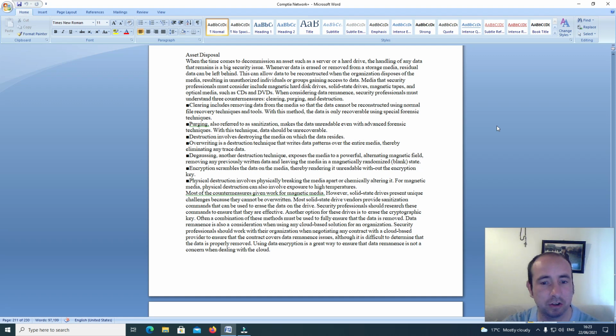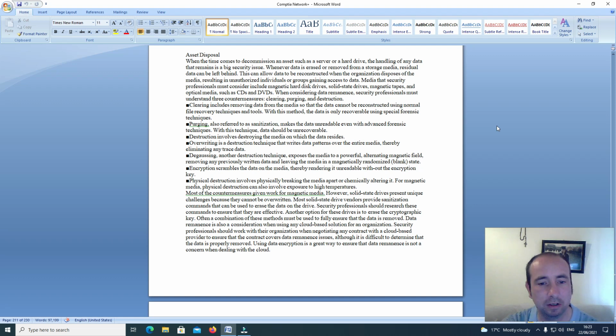Overwriting is the destruction of data that writes patterns over the entire media, thereby eliminating any data trace. Degaussing, another destruction technique, exposes the media to a powerful alternating magnetic field, removing any previously written data and leaving the media in a magnetically randomized blank state.